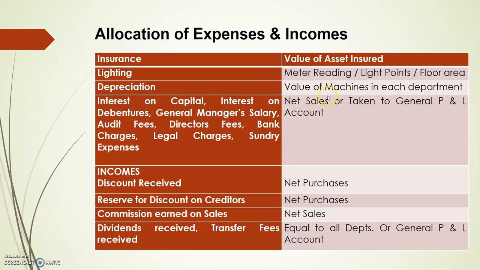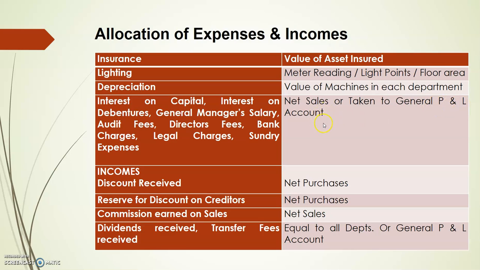So we have to take the net sales as the basis, or there is a practice that those items which we cannot allocate to departments can be taken in the general P&L account.